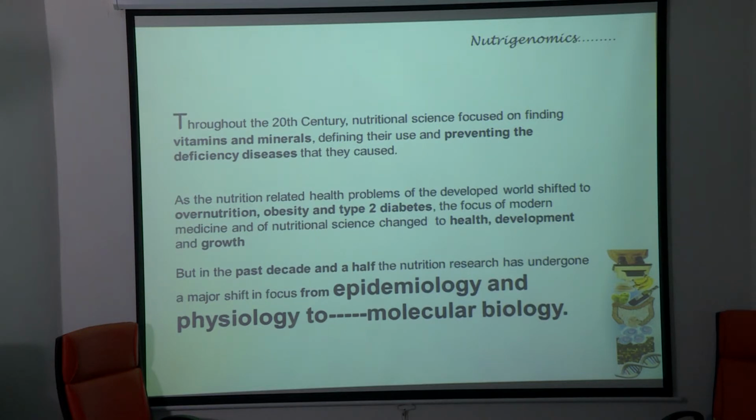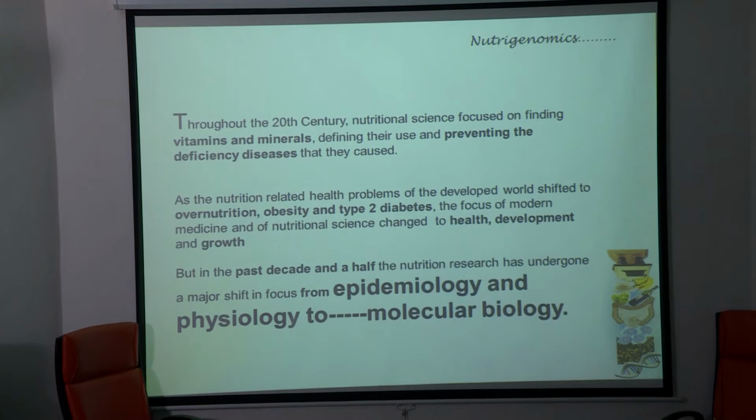The developed world shifted to very dangerous diseases, that is overnutrition, obesity, and type 2 diabetes, which are highly prevalent today. This became the focus of modern medicine, and nutritional science changed to health, development, and growth. So this is the paradigm shift: first from deficiency diseases, then to overall growth of human beings.